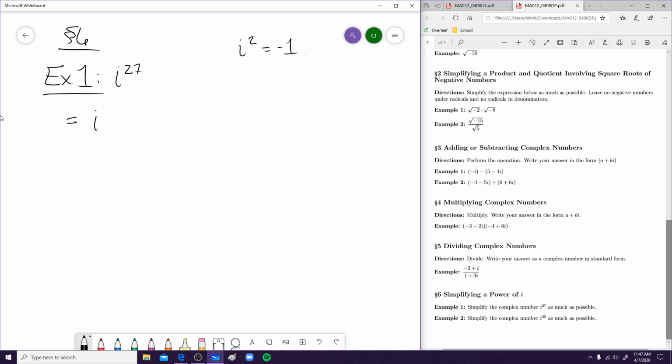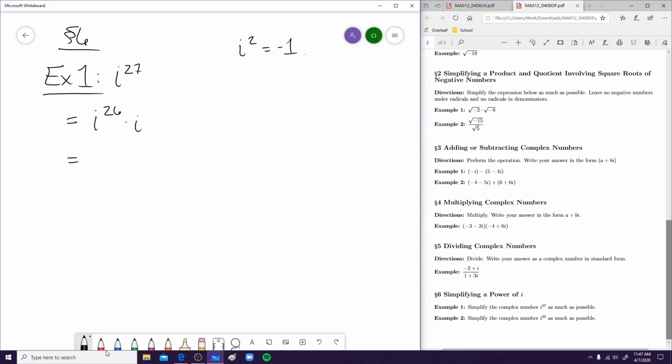This is going to be i to the 26th times i. And this is the same as i to the 27th because this is i to the first. Since they are the same base, I can add the exponents. So 26 plus 1, that's 27. So this is the equivalent form.